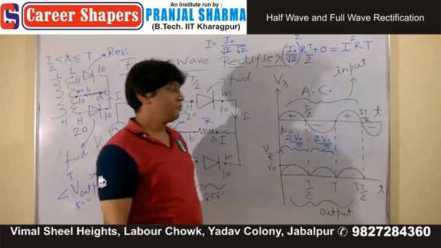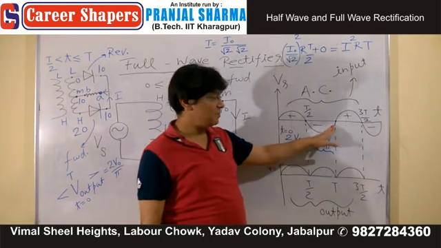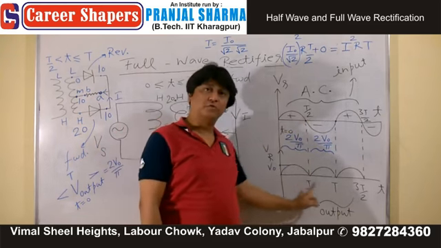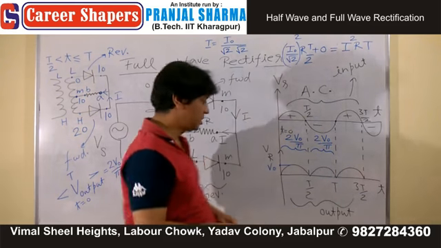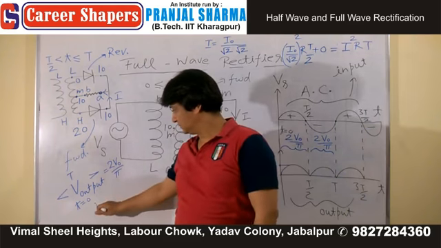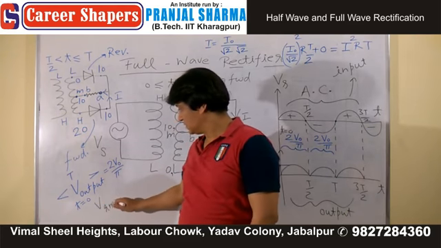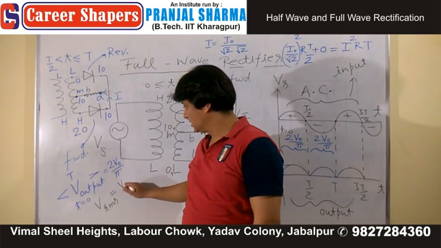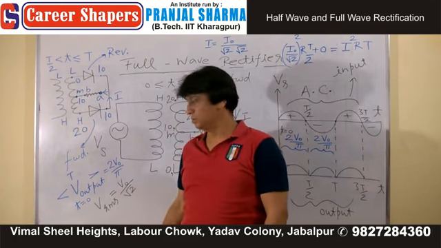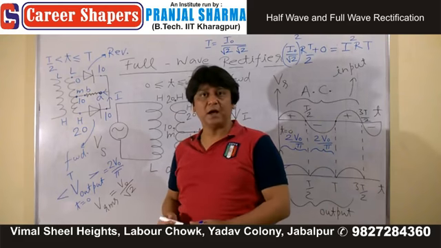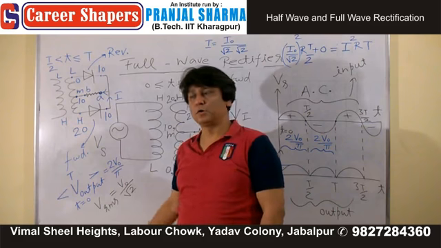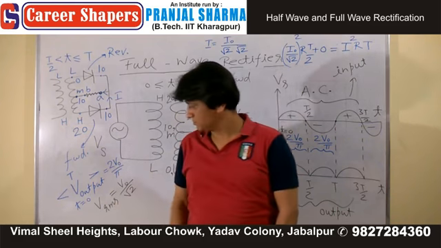So we already know the RMS of this type of thing, the same RMS is valid for this, which means your RMS for the complete cycle is V0 upon root 2. VRMS is V0 upon root 2.